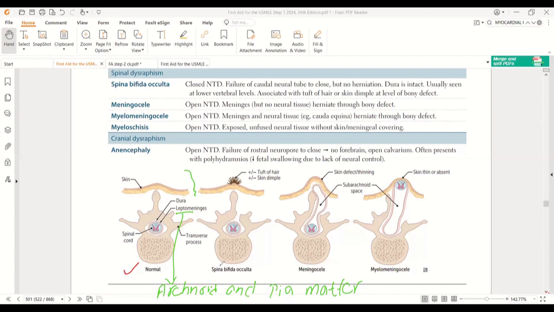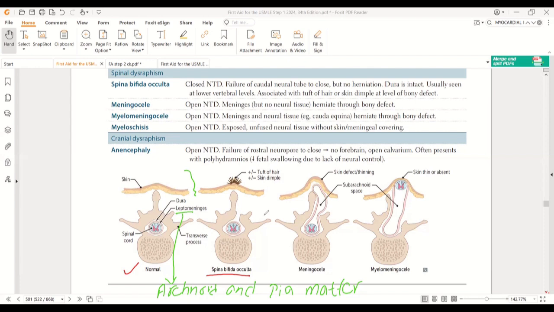What happened in spina bifida occulta? In spina bifida, there is a defect at the lower vertebral level, right? So the dura and leptomeninges are intact, but there is a bony defect in the vertebral arch. This bony defect in the vertebral arch, high yield stuff.